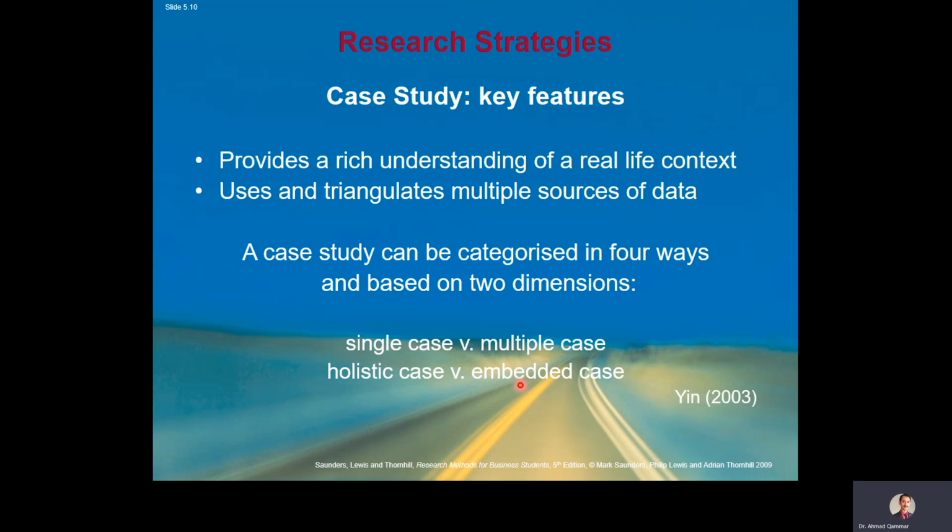However, we all know that sometimes within an organization, there are subunits, for example, departments, divisions, different types of teams, right? So if we take those teams, departments, and divisions as separate units, and the organization as a whole as a separate unit, we might be analyzing data at different units of analysis, right? So that is called an embedded case study, right?